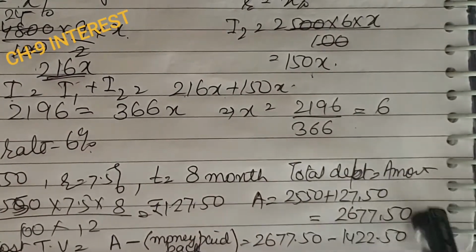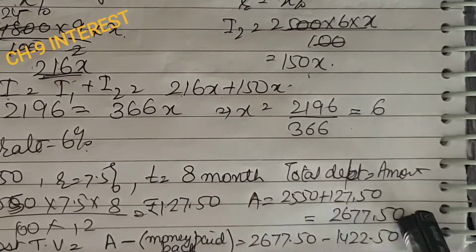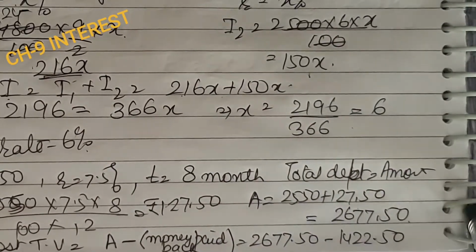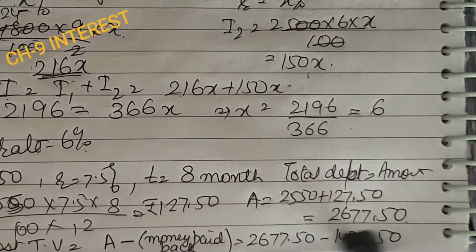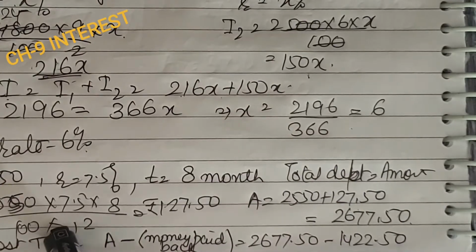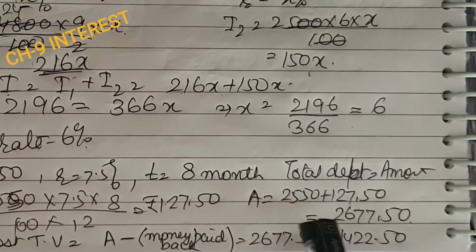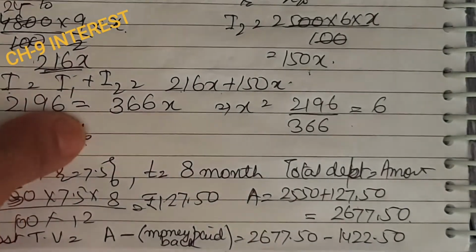Once we know the amount, it means this is the money owed. The debt amount is 2677.50. Out of this, the money paid is paid back. So what will be the cost of the TV? The cost of the TV will be the remaining money, the amount minus the money paid. So that you can solve for.